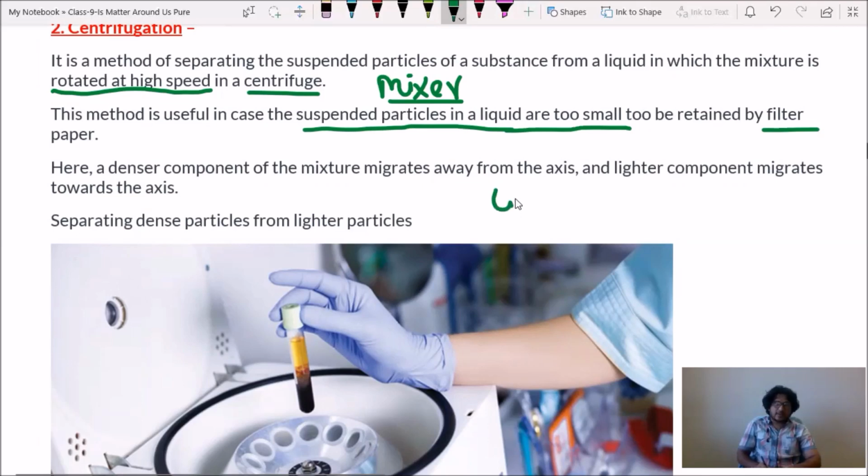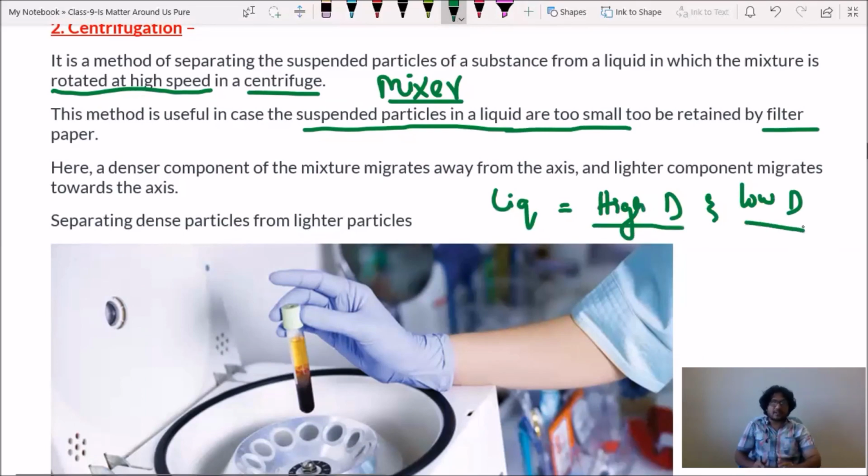In liquids, there are two types of particles, high dense particles and low dense particles. If you want to separate high dense and low dense, this centrifuge is used. A centrifuge is a machine used to separate dense particles from lighter particles.